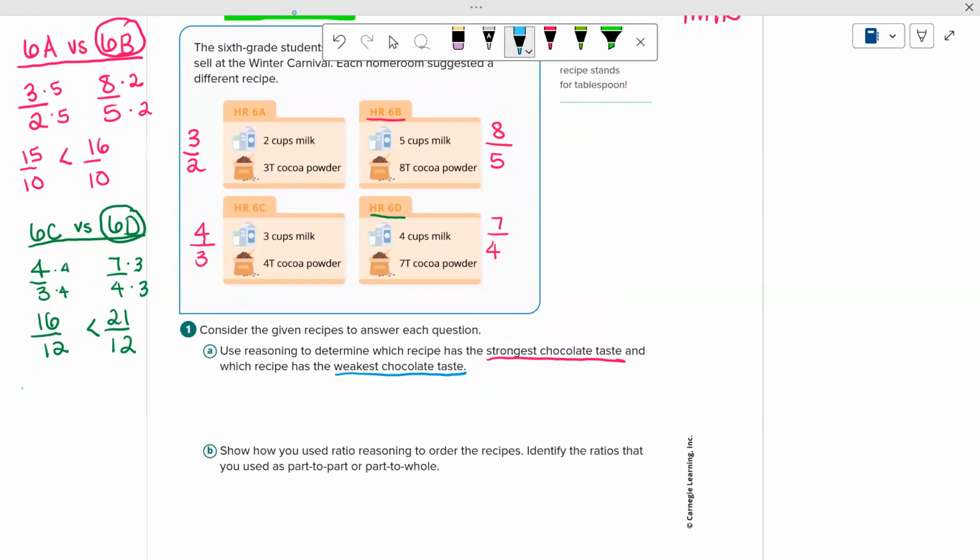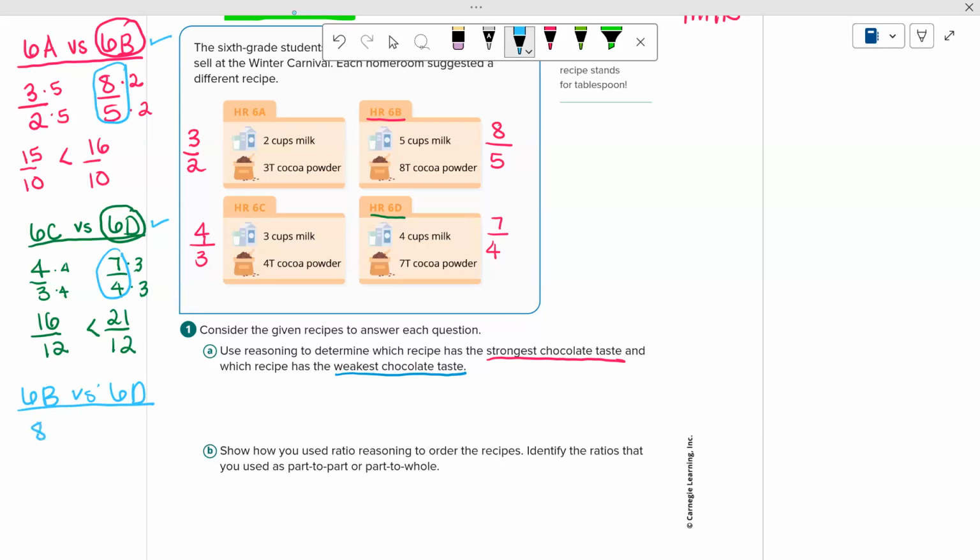All right, we got 6B because they were the winners of our first battle, versus 6D. And you know what I'm going to do? I'm going to use the original ratios for these because they have smaller numbers than 10 and 12. I don't want to figure out the common denominator of 10 and 12, but I can do 5 and 4.